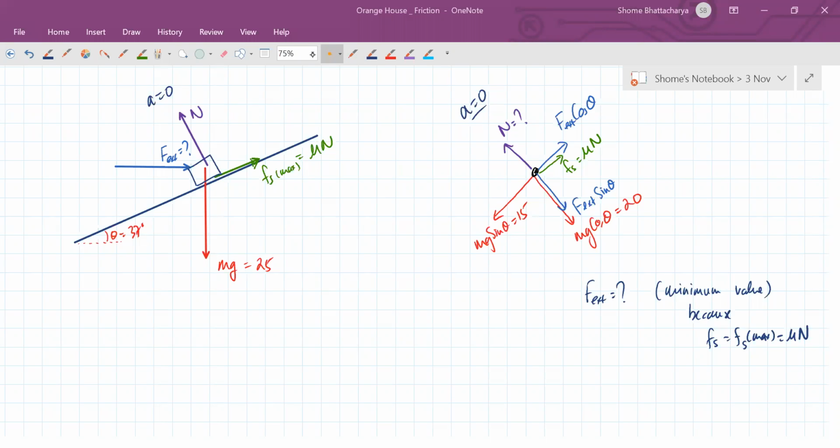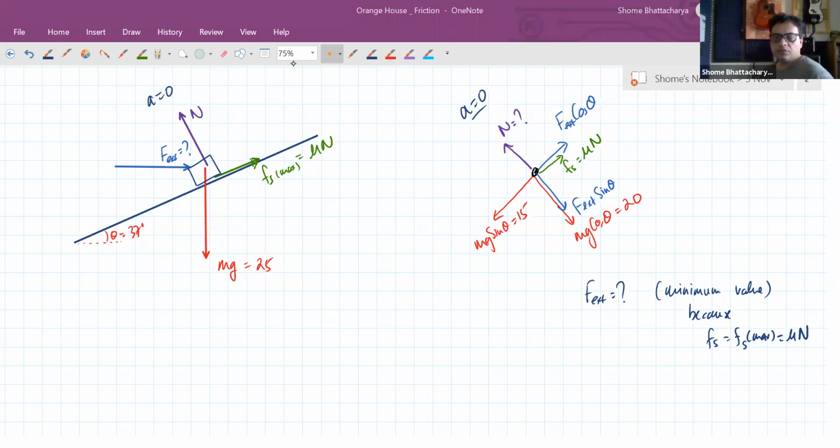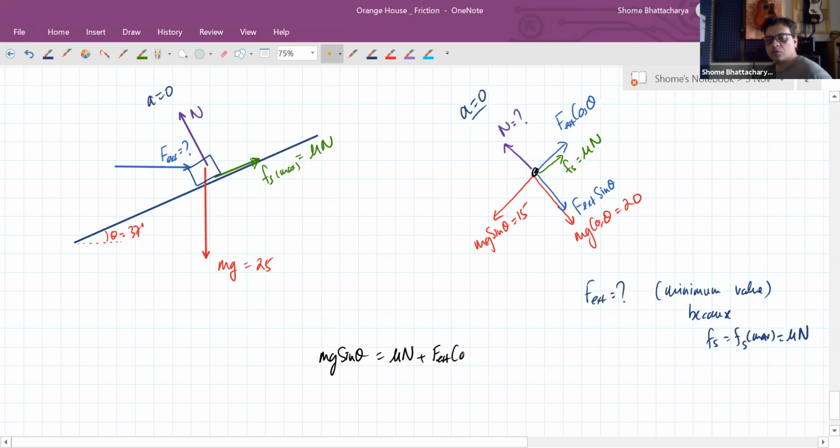Okay, so let's work out the final solution now. So see here, for the equilibrium condition, what is happening is that mg sin theta is balanced by limiting friction plus external force's cos component.